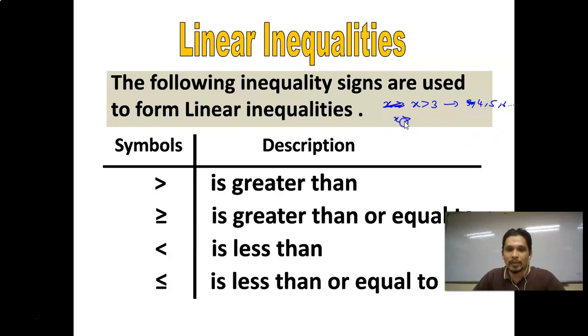When x is greater than or equal to 3, it means the value of x begins with 3, 4, 5, and so on. So x greater than 3 means greater than 3, beginning with 4. But x greater than or equal to means that the series of numbers begins with 3. The same goes for the cases of less than and less than or equal to.